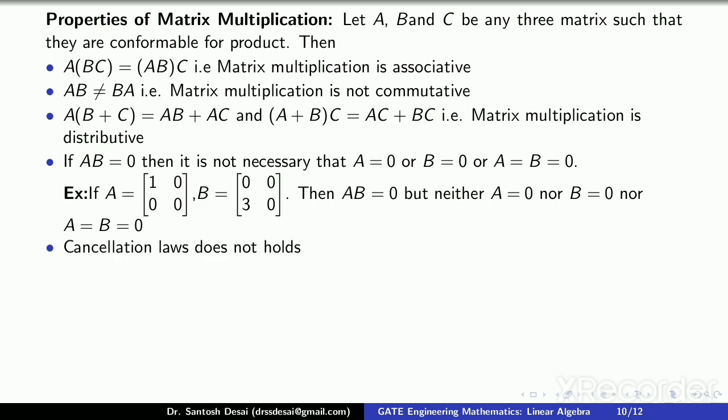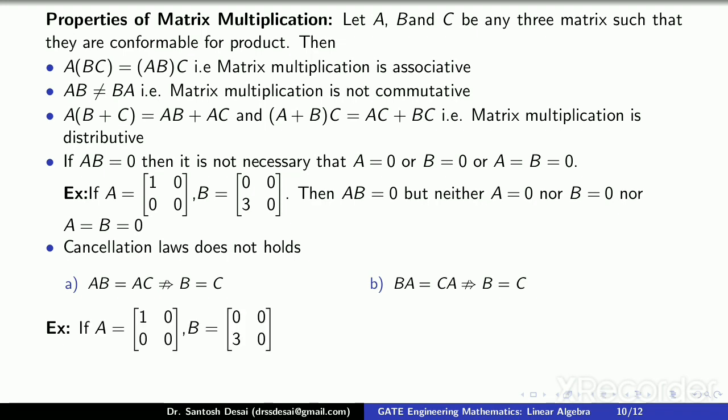Now the cancellation law does not hold. AB is equal to AC does not imply B is equal to C, and BA is equal to CA also does not imply B is equal to C. For this, let us consider three matrices A, B and C of order 2 by 2. One can easily check that AB is equal to AC is equal to the 0 matrix, that is, the 0 matrix of order 2 by 2.